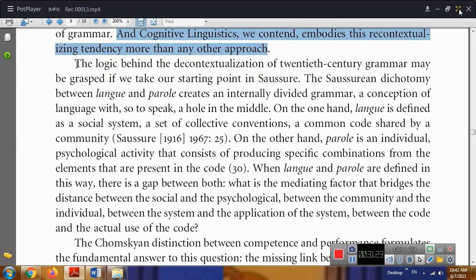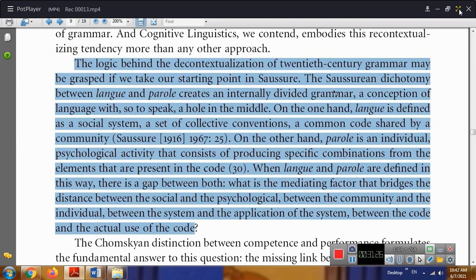The logic behind the decontextualization of 20th century grammar may be grasped if we take our starting point in Saussure. The Saussurean dichotomy between langue and parole creates an internally divided grammar, a conception of language with, so to speak, a hole in the middle.